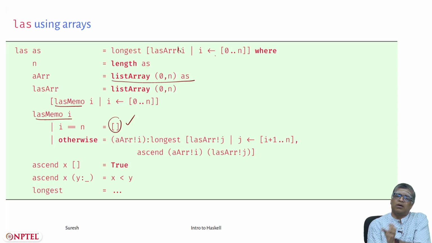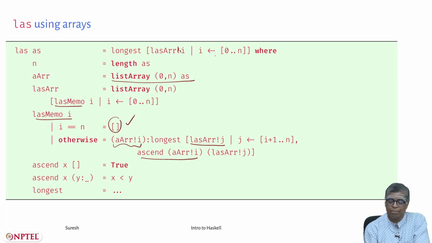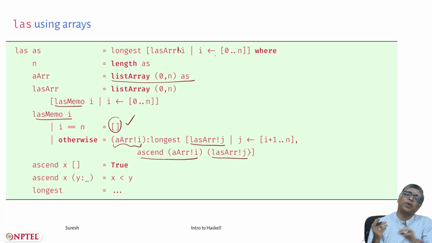I will extend some sequence with A array at i. What is the sequence that I will extend? I will look at LAS array bang j for all j from i plus 1 to n, look at those where A array of i is less than the first element there. That is why I am checking this. And I am picking the longest among those, and I am just appending my A array of i before that. That is it.